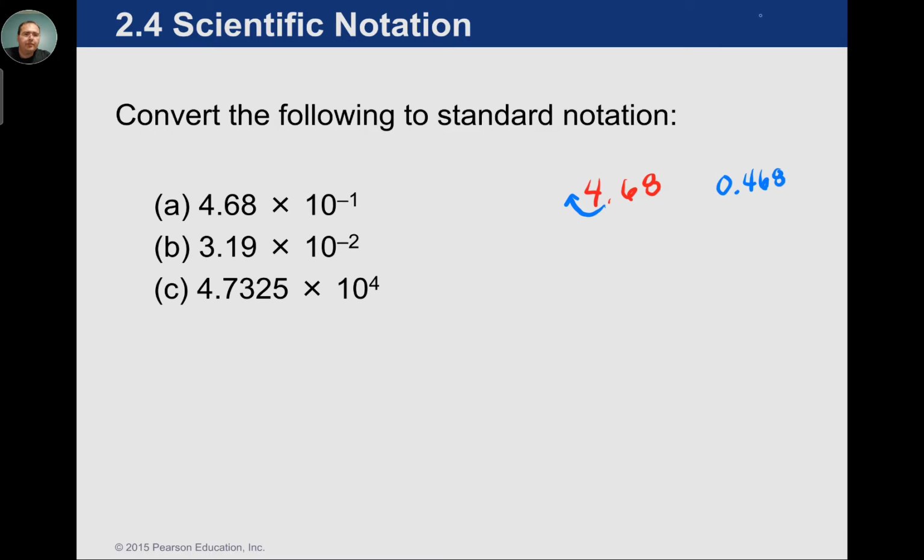We needed to make that number smaller than it is represented in scientific notation. Let's try another one. We have 3.19, and this says to the -2. So now instead of one space, we're going to go 1, 2 spaces to add a decimal. And now we get 0.0319.